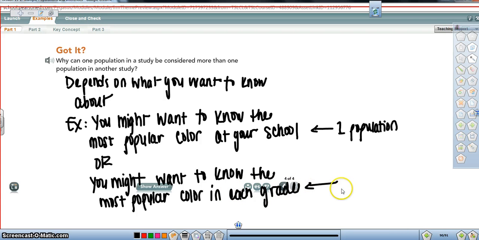And then you would consider that as multiple populations depending on how many grades were at your school. In our case, we have 2 grades, so we would consider as 2 populations.